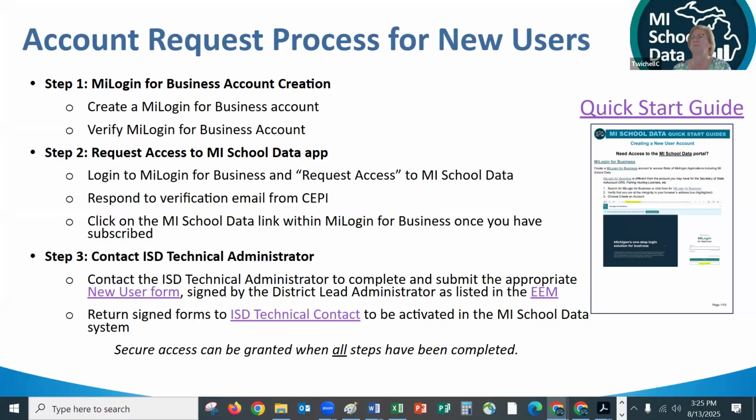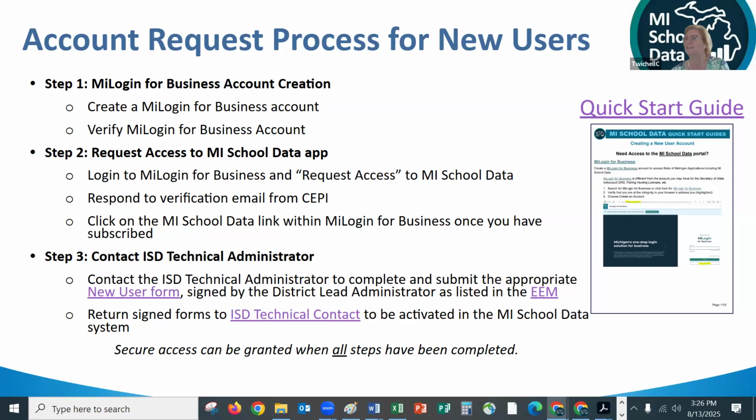So we've just kind of stepped this out a little bit. We do have a quick start guide, the link there for that, that will walk you through that process that you can actually share with these people, that will give them screenshots and good directions to be able to do that. But basically, they will be creating a MyLogin account, and it'll have to be verified.